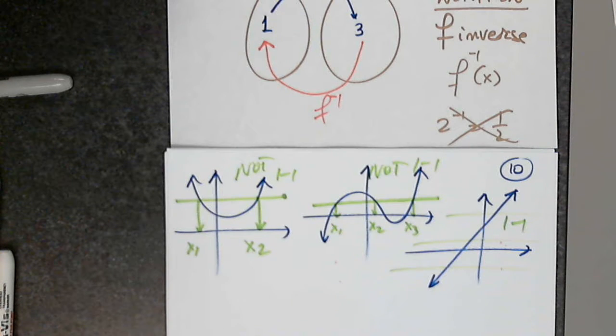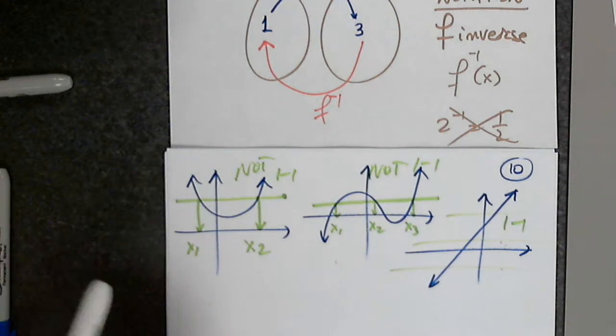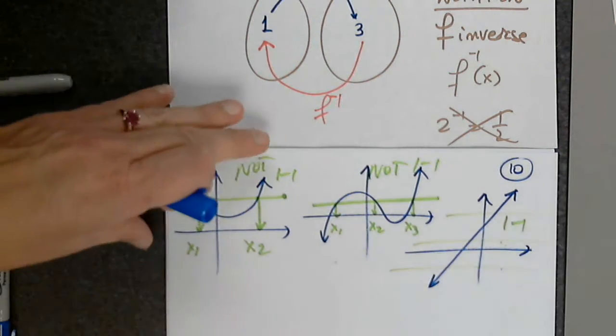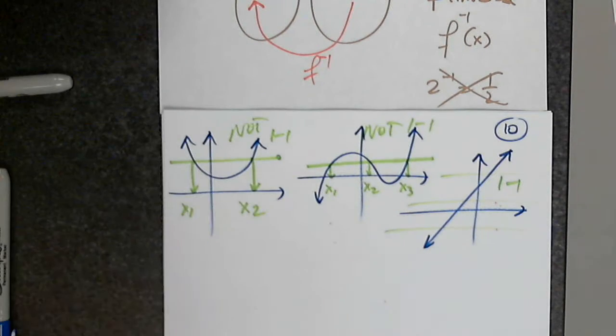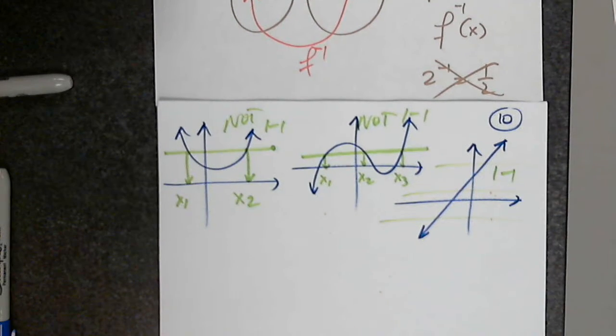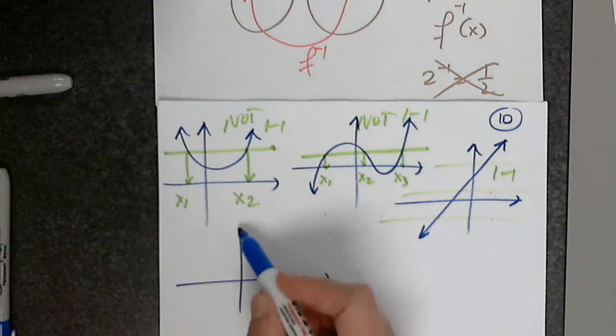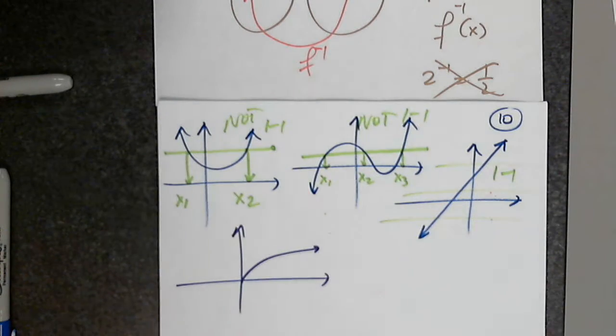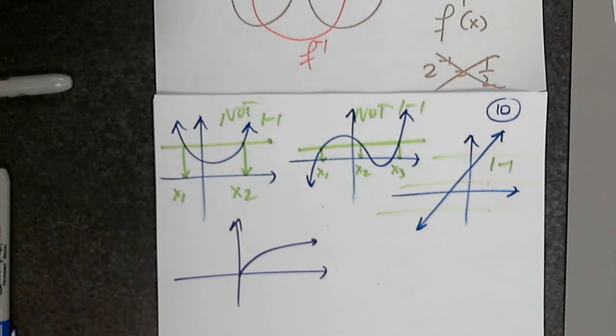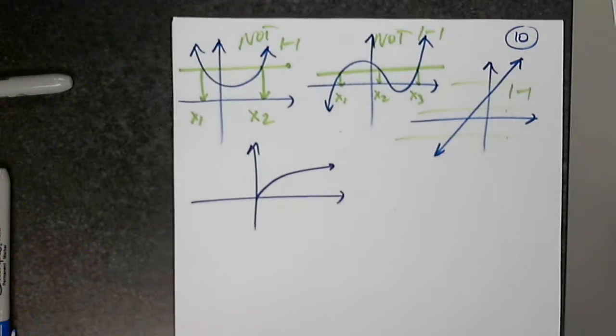Yes. The rational function that we graphed is one-to-one. Depends on if it's a combination of other things. What about the radical function, the square root I meant to say? Is this one-to-one? Yes, it is one-to-one. Okay, perfect.